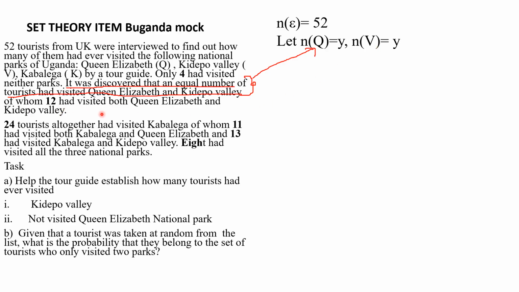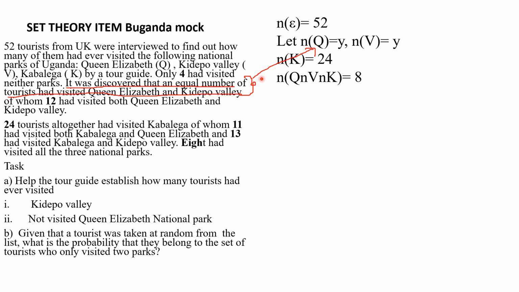Then 12 had visited both Queen Elizabeth and Kidepo Valley. And those who had visited Kabalega were 24, and those who had visited all the 3 national parks were 8. The number of Q intersection V intersection K is equal to 8.